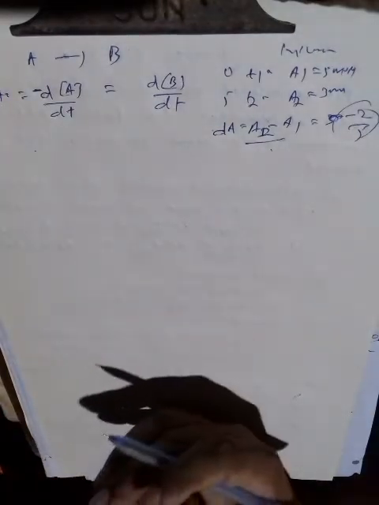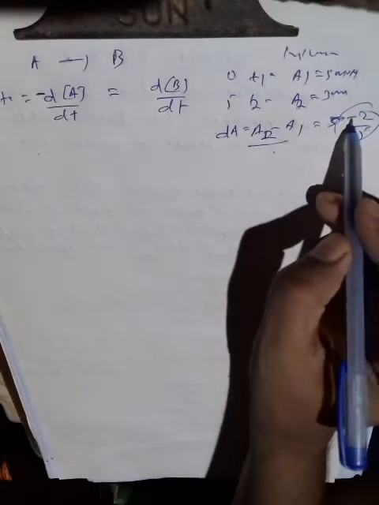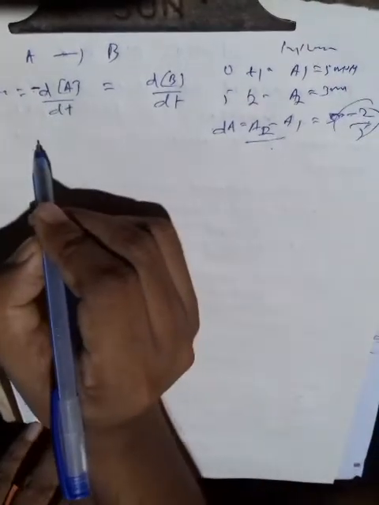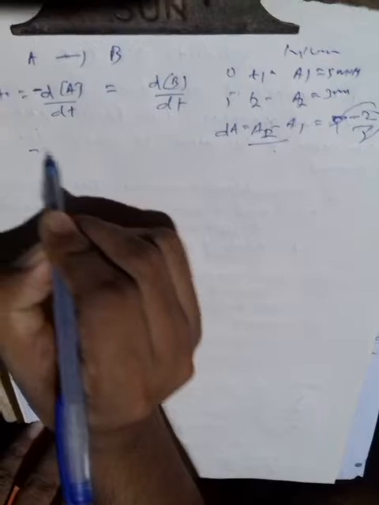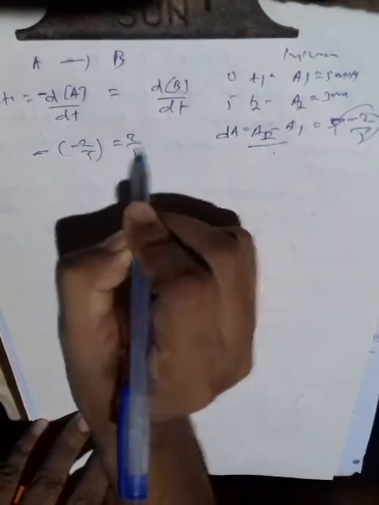Here the rate becomes negative, but we have known that the rate of reaction is never negative, so the rate is always positive. Since rate is positive, we have to give a negative sign. If I put this value here, then I will get minus of minus 2 by 5. So overall rate is 2 by 5.